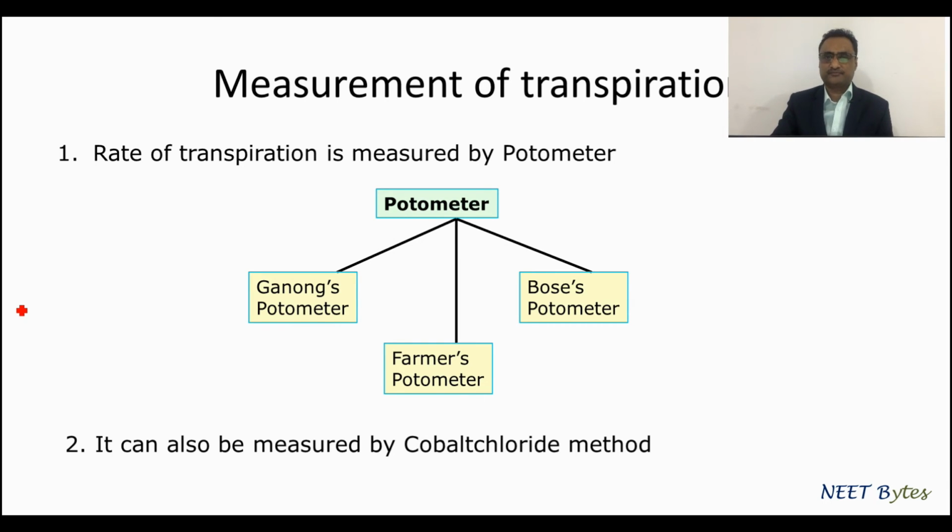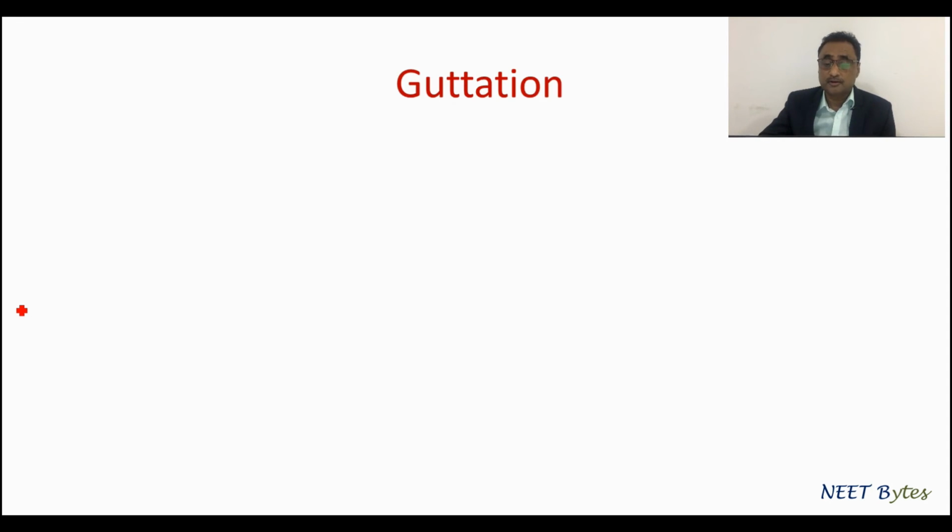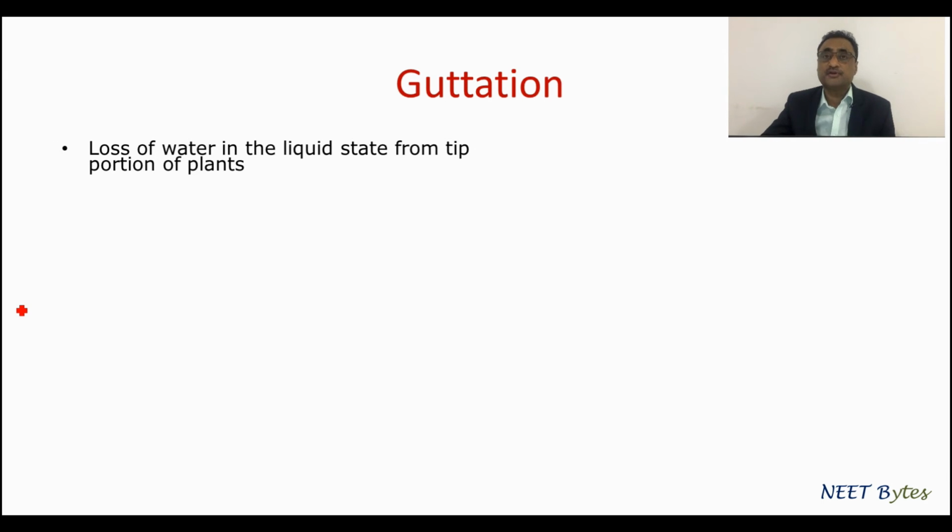What is guttation? First of all, guttation is the loss of water in the form of liquid from the aerial portion of the plants. Okay. And that is going to occur through an aperture that we call a hydathode. Now mind it, a hydathode is not like a stomata, because stomata can open and close, but a hydathode always remains open.